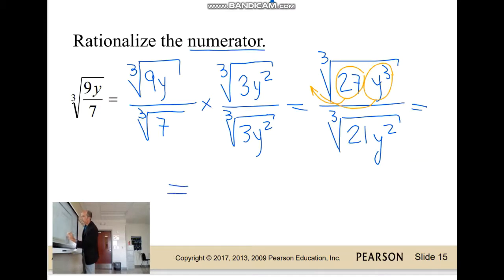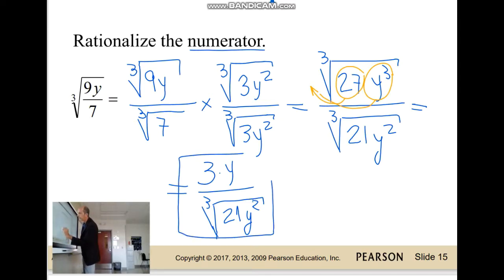And as a result, we will have 3 times y over cube root of 21 y squared. Okay. This is the result. The simplification by rationalizing the numerator.